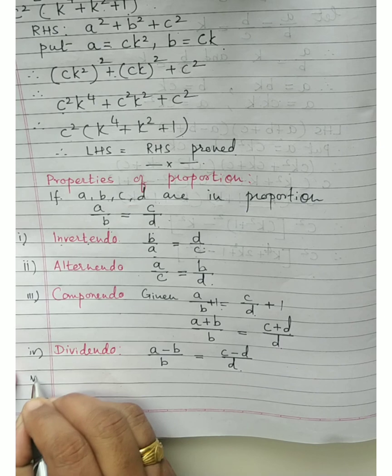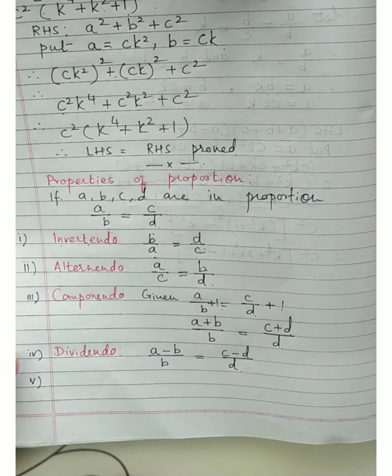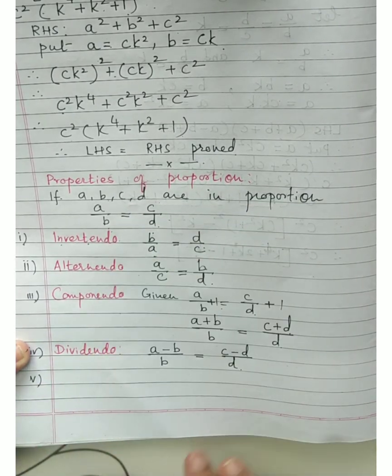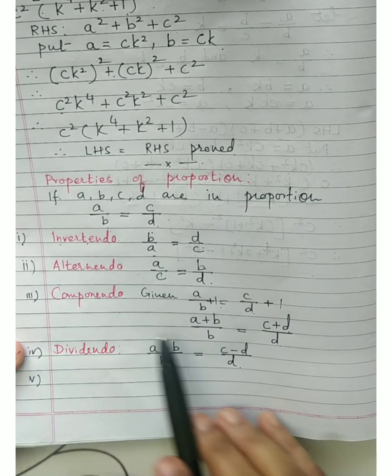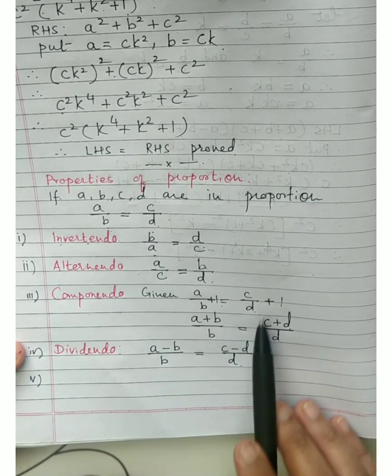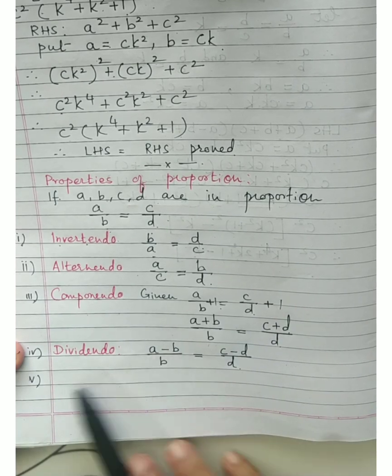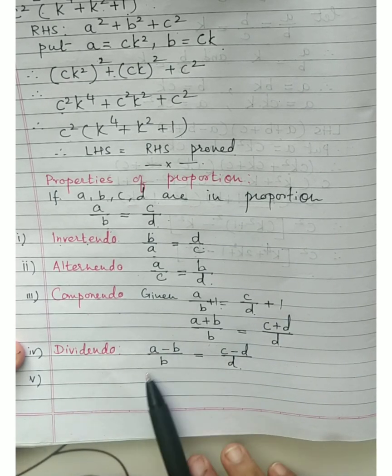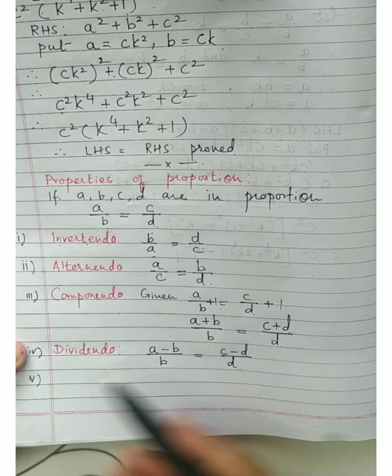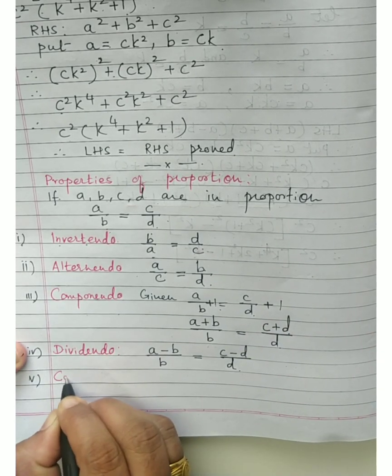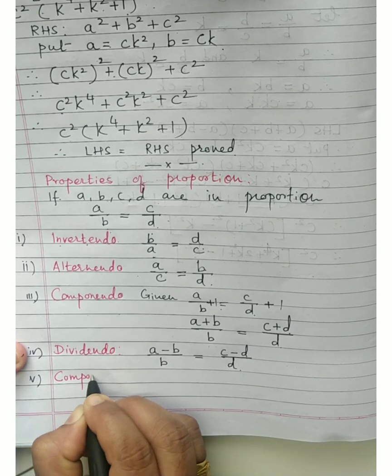And how to use that I am going to explain in the next class. Very important it is. Now, the result of componendo is a plus b upon b is equal to c plus d upon d, and the result of dividendo is a minus b upon b is equal to c minus d upon d. If I divide these two results by each other, then I get a property called componendo dividendo.